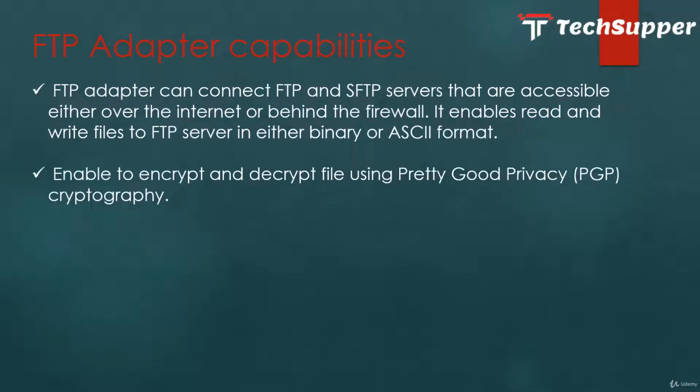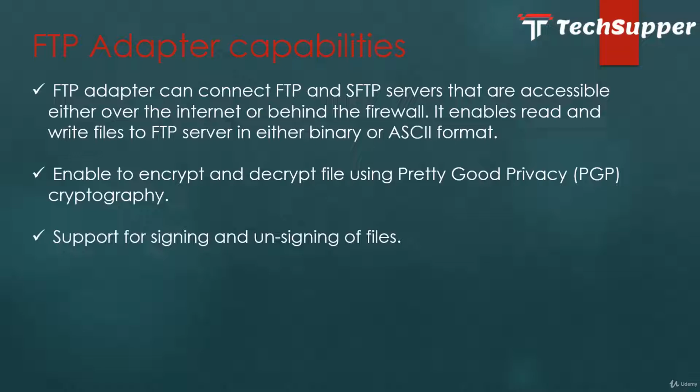It enables you to encrypt and decrypt files using Pretty Good Privacy cryptography, which means if you want to write a file on an FTP location and encrypt that file, Oracle Integration Cloud provides a Pretty Good Privacy cryptography mechanism which can help you encrypt the file. In the same way, if you want to read an encrypted file and decrypt it, you can do that as well. But this file should be encrypted with PGP keys.